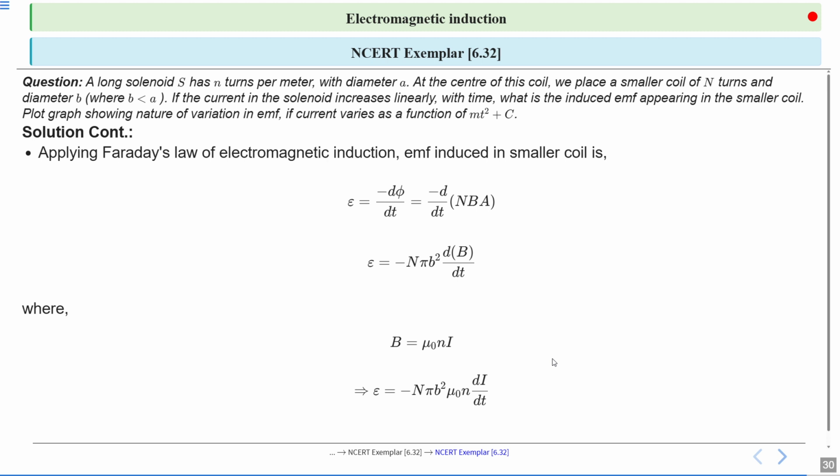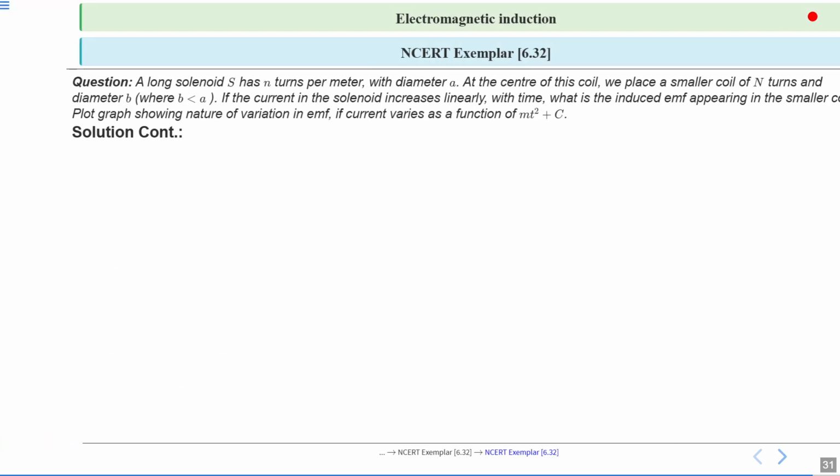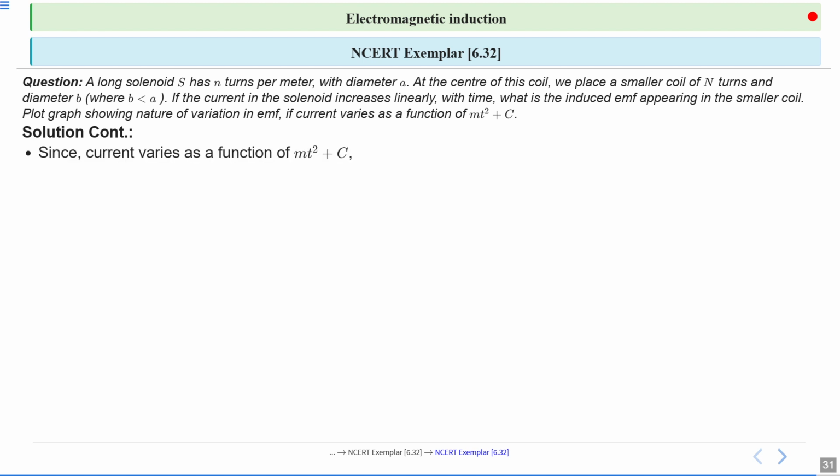Since the current varies as m t square plus c, put m t square plus c in the place of I. So epsilon equal to minus n pi mu naught b square, and in the place of I we are placing m t square plus c. So differentiate m t square plus c with respect to t.